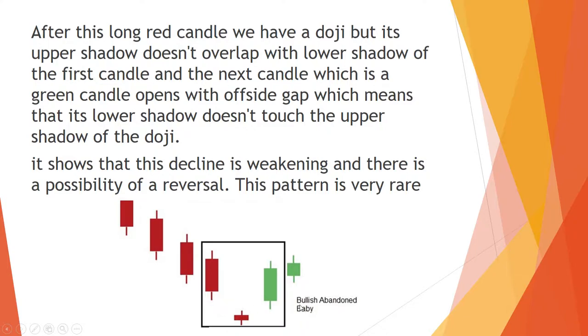So we see that this upper shadow does not overlap the lower shadow of the first candle, and the next candle, which is a green candle, also opens with an offside gap, which means that its lower shadow does not touch the upper shadow of the doji.